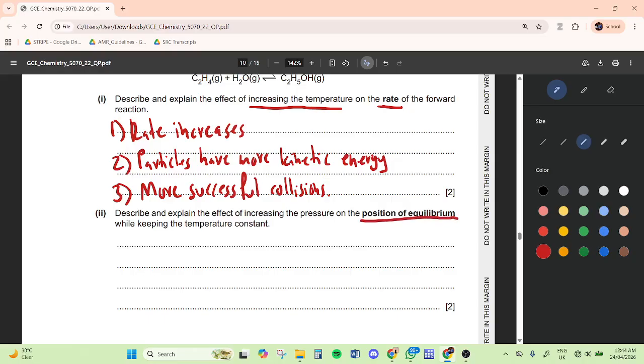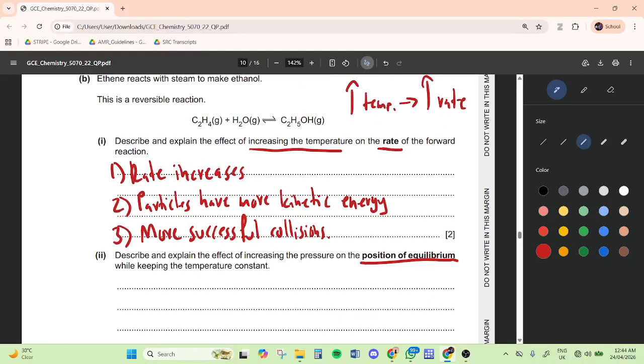So if we increase the pressure, whenever we increase the pressure while keeping the temperature constant, equilibrium tends to shift to the side that has less moles of gas. If you take a look at the reactant side, you have 1 and 2, whereas on the product side, you have 1.